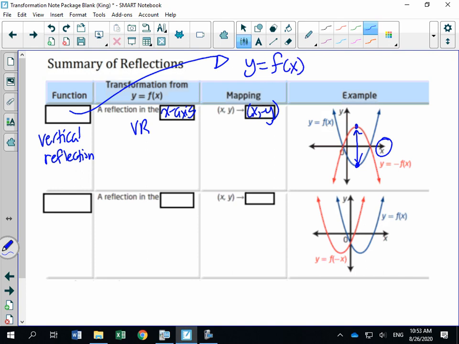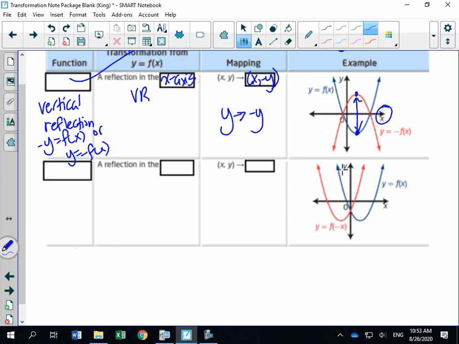And remember that we're going from y to negative y. So the move would be y becomes negative y is equal to f of x. So that would be negative y is equal to f of x. Or remember, y is equal to negative f of x. That is a vertical reflection. Okay.